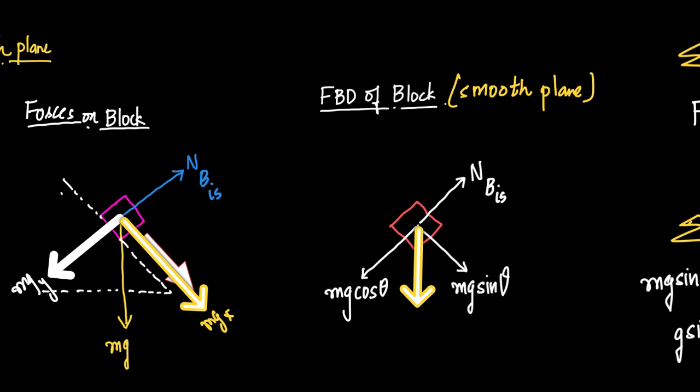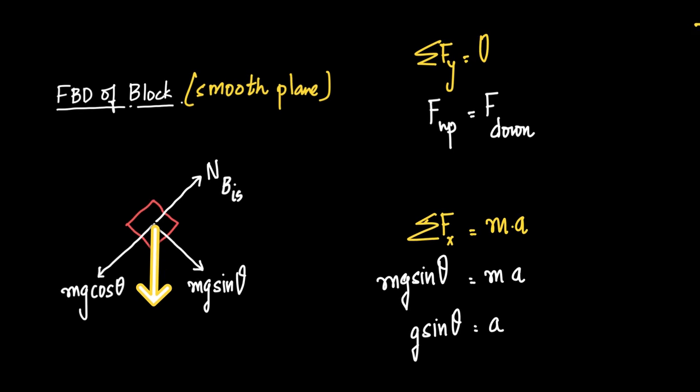Now let us use the conditions sigma Fy is equal to 0 and sigma Fx is equal to ma. Why is sigma Fy equal to 0? There is no motion along the y-axis. It means the object will keep following only the mg sin theta direction.